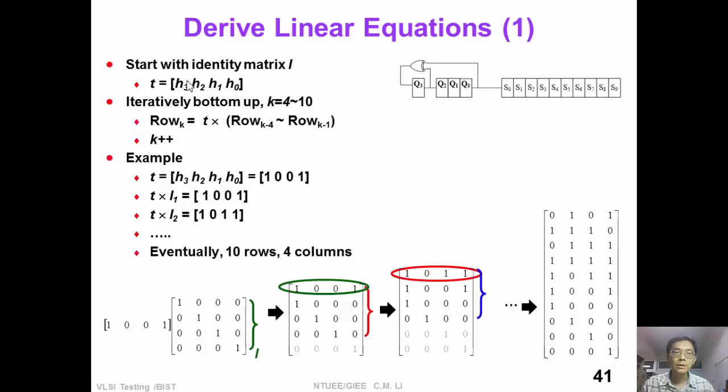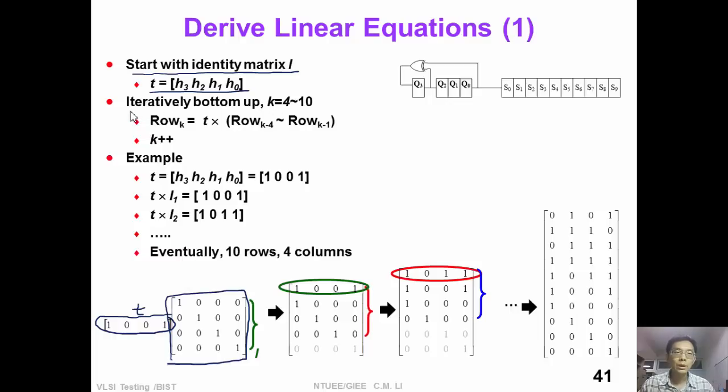Let's say we start from a 4x4 identity matrix I, and the row vector T is equal to the feedback row vector, which is H3, H2, H1, and H0.